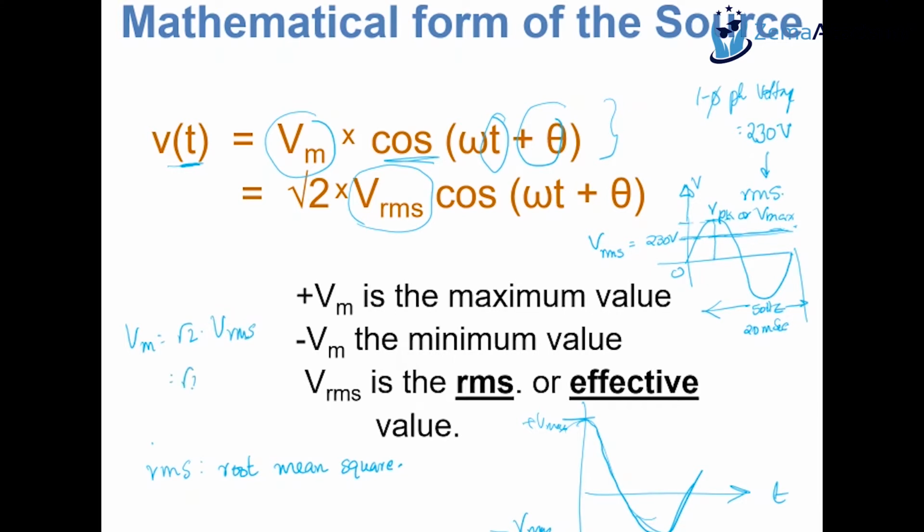So that will be root 2 times 230, which will be close to, quickly calculating, 325. Okay.